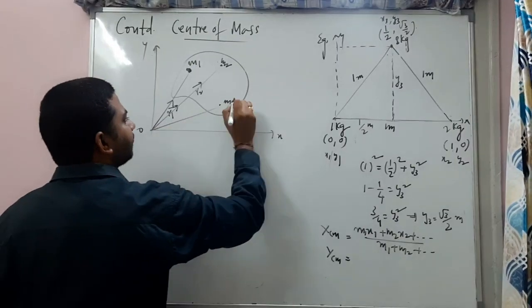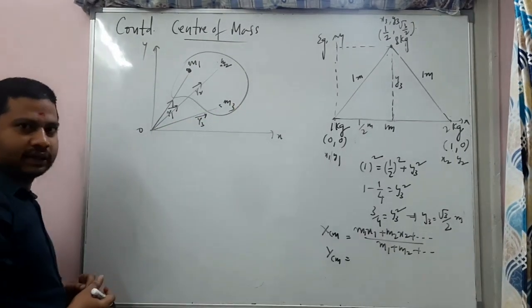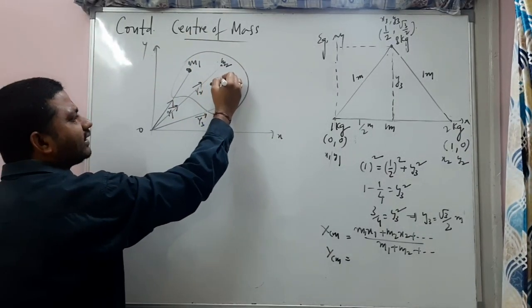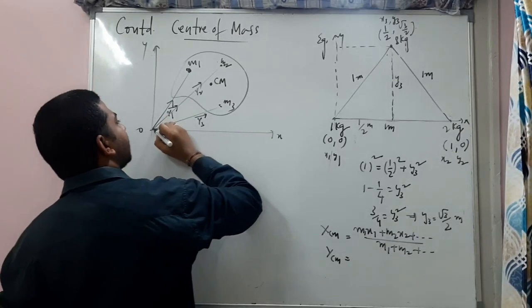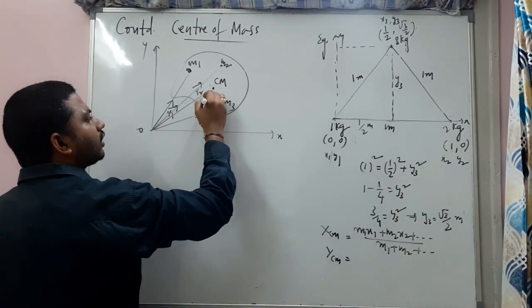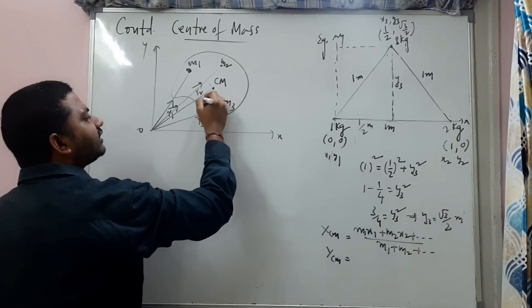The third mass is represented with the position vector R3 bar. In the same way, there is a center of mass for this. That is the center of mass, and it will be represented with the position vector RCM bar.